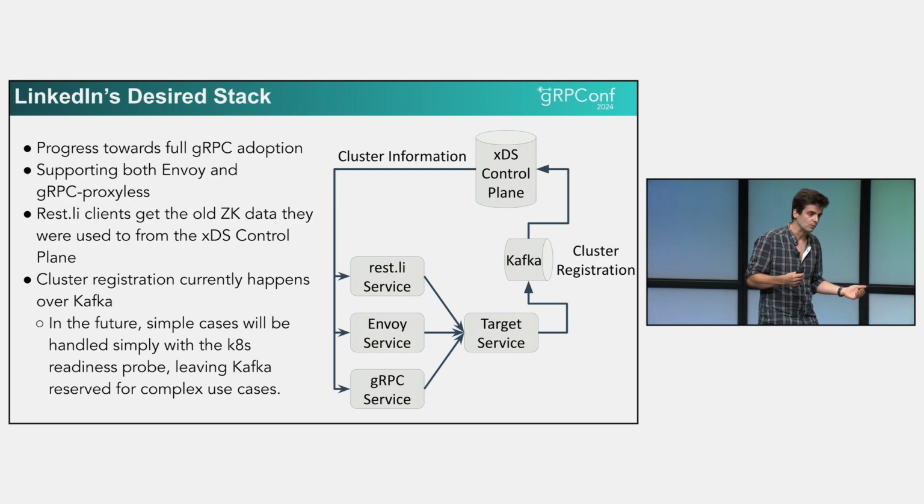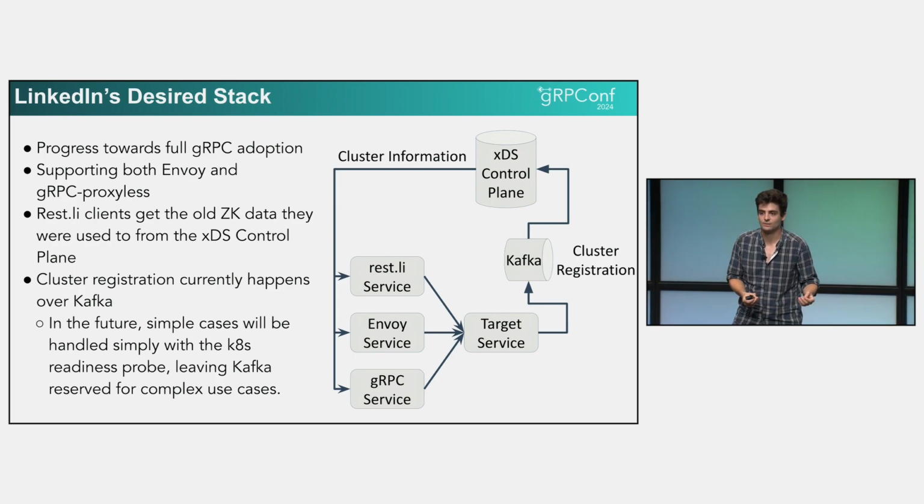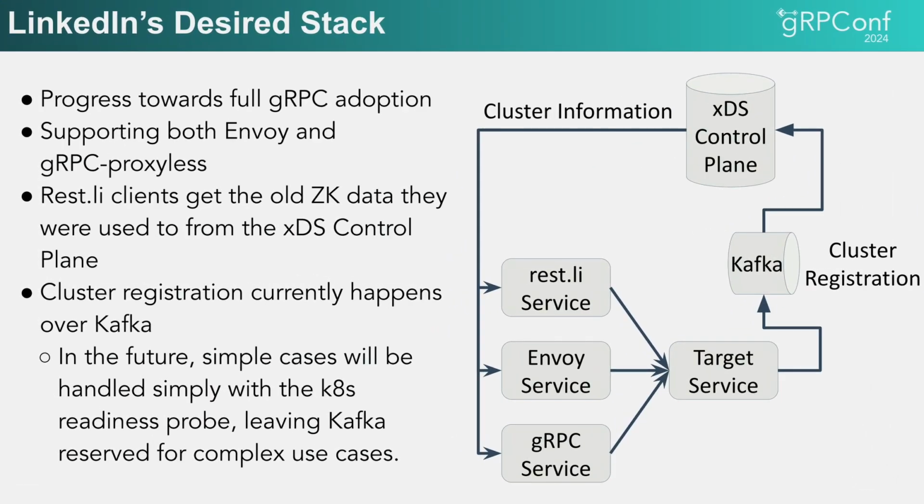So what do we want the stack to look like as we migrate to gRPC? As I mentioned before, the new xDS control plane can support all three client types. So RESTly gets the Zookeeper data from the xDS control plane, while the gRPC and Envoy clients get the corresponding Envoy configuration, or xDS configuration.